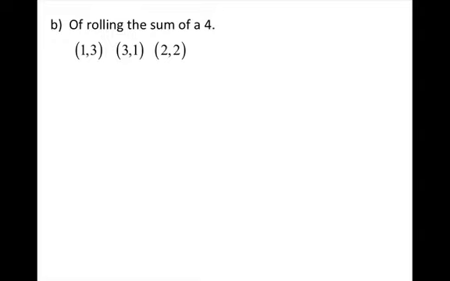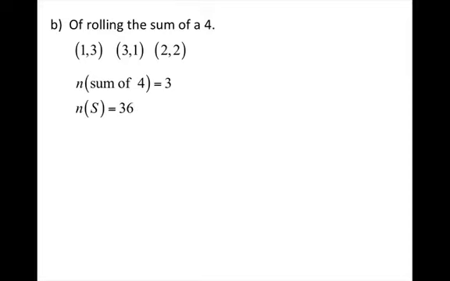I'm not going to reverse the ordered pairs where the two numbers are the same, because that was only listed in my sample space once. If I flip that around, I'd have a 2, 2, which is the exact same thing that I have with this option. So the number of ways to roll the sum of a 4 is 3.